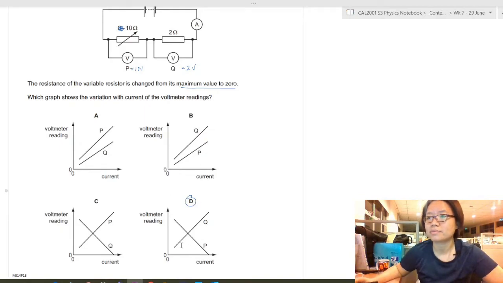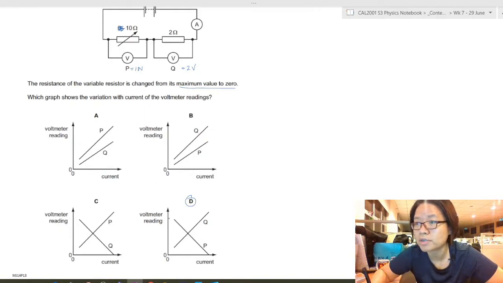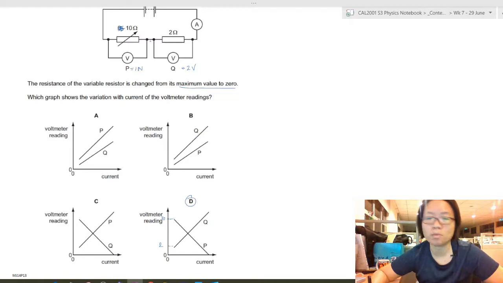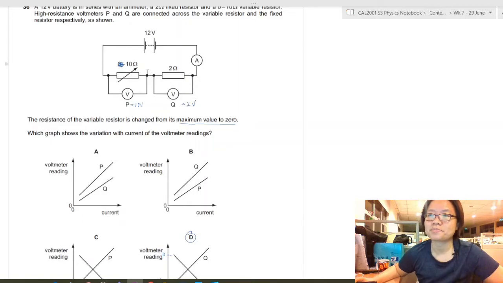When you first start, maybe this one is 10 and this one is 2. And P can drop to 0, because when this potential difference is 0, now this one will not measure the terminal voltage. If you consider point A and point B, there's an interference of another voltmeter. The other voltmeter will be like, sorry, I'm already here, so you can't measure anything, because it will measure the potential difference from here to here.